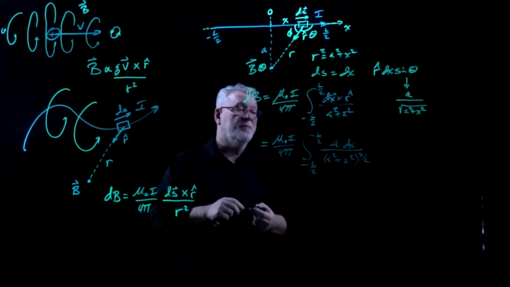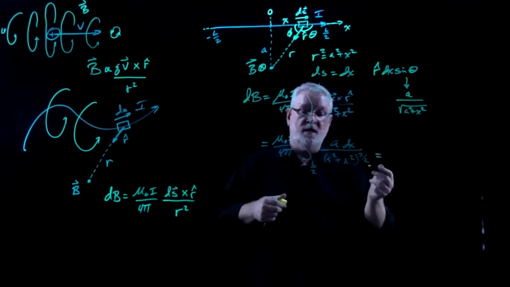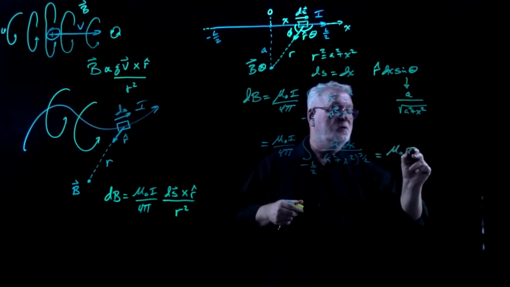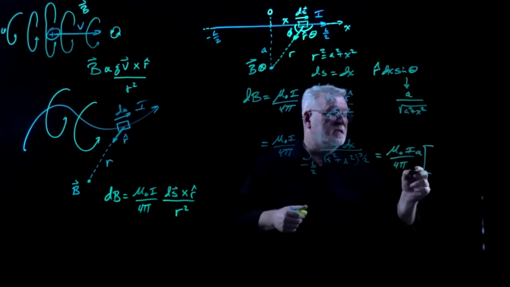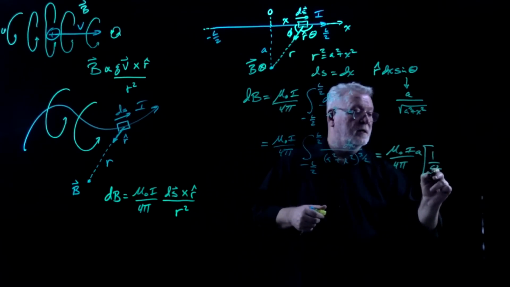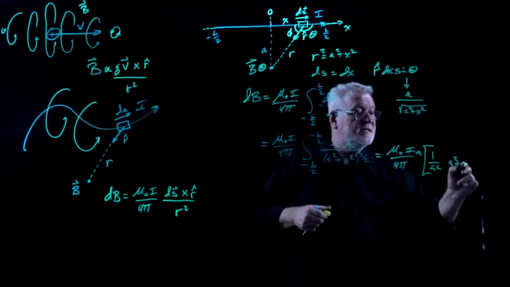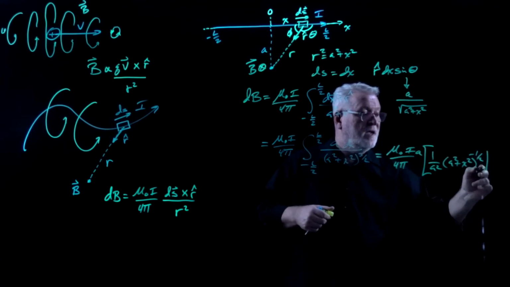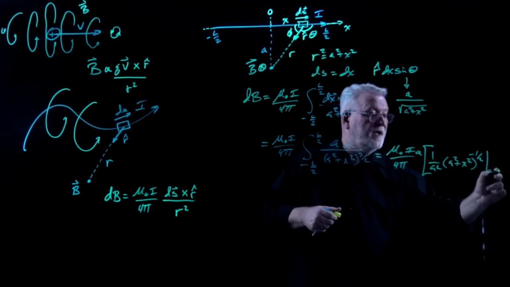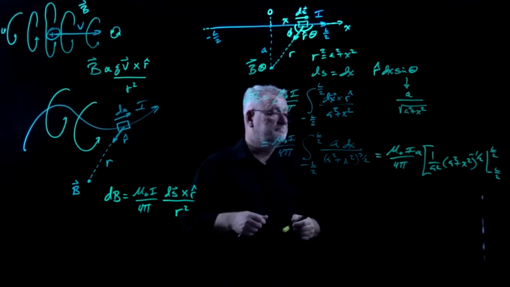But let's go ahead and perform the integral. The integral of dx over a squared plus x squared to the 3 halves is actually equal to, again, rewriting the constant, mu naught I over 4 pi, and then we'll put the a here. And then here's what the integral evaluates to be. It's going to be 1 over a squared, and then what's left over is x over the square root of a squared plus x squared, to the 1/2, evaluated between negative L over 2 and L over 2.